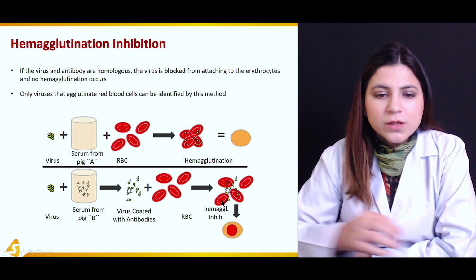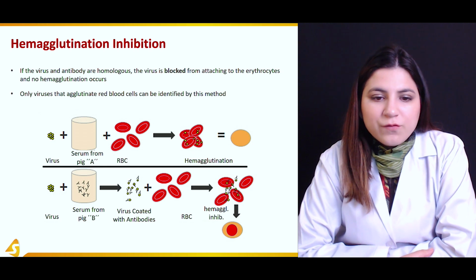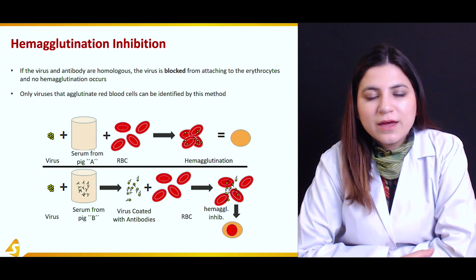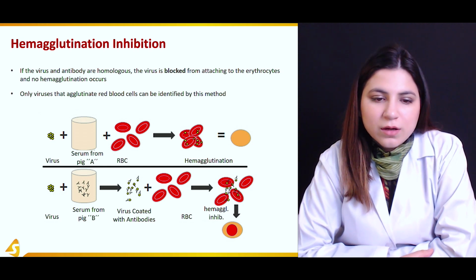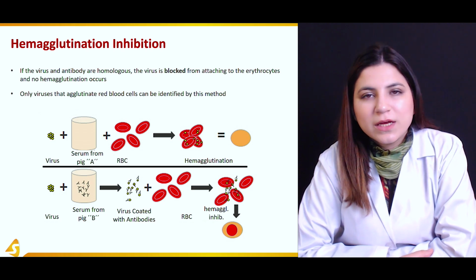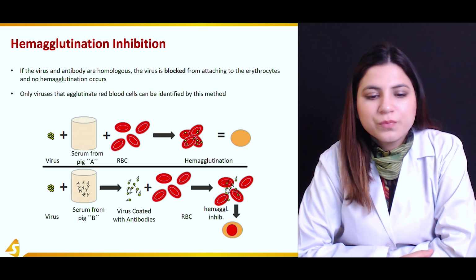The second one is hemagglutination inhibition. If a virus and antibody are homologous, the virus is blocked from attacking the erythrocytes and thus no hemagglutination will occur. So this is the type of test that is used only for the viruses that can agglutinate the red blood cell.